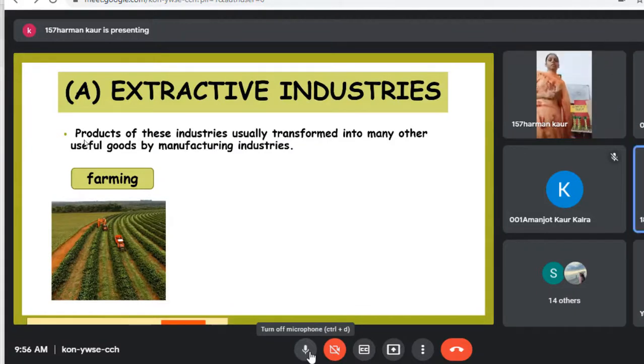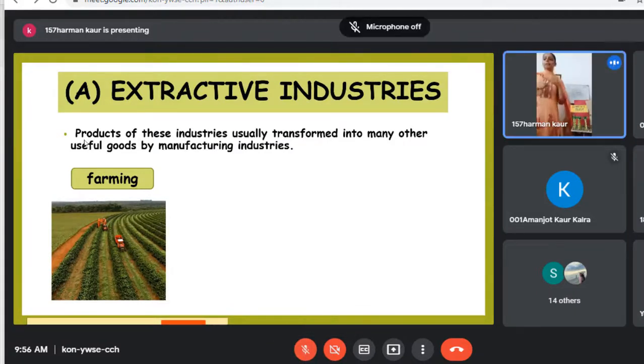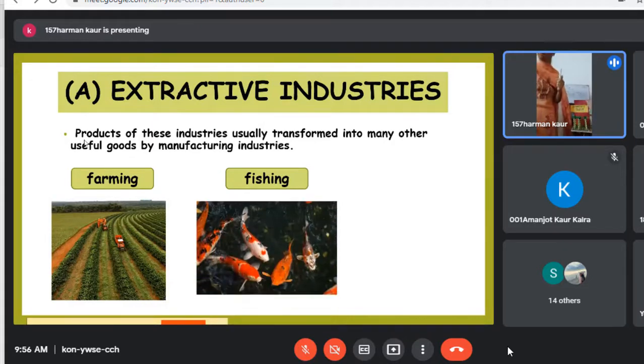Yes, rivers, ponds, and lakes. So river, pond, and lakes are natural available resources on this land. And fishes that we extract from these rivers, ponds, and lakes are also a natural resource. So the fishing industry is also an example of extractive industries.